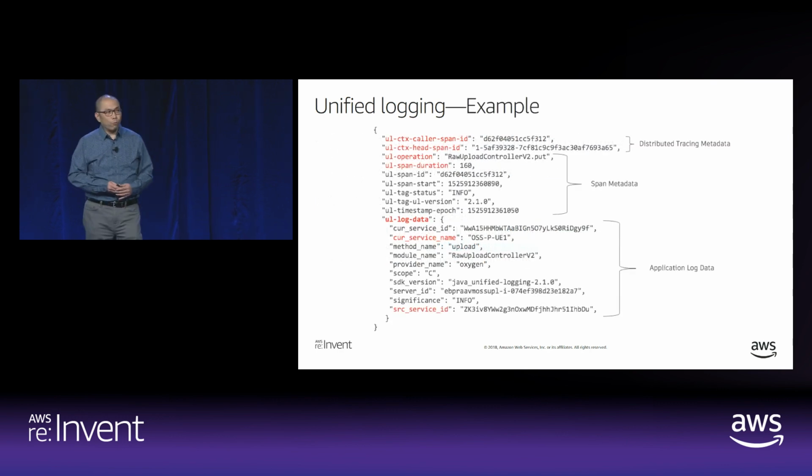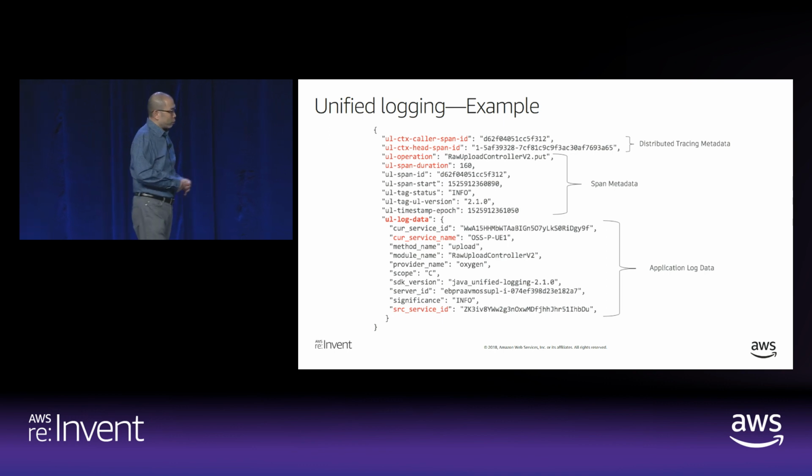This is an example of what a Unified Logging record looks like. It's in JSON, and it's largely divided into 3 parts. The first part is what we call the metadata part, which deals with the distributed tracing state. You can take a look at the second one, which is the hash span ID.